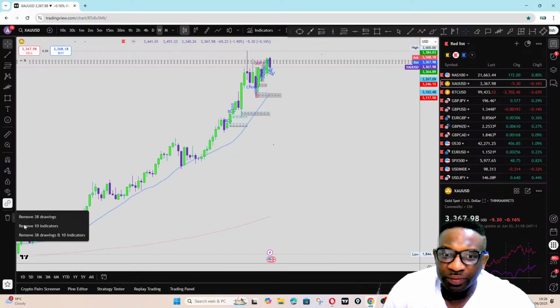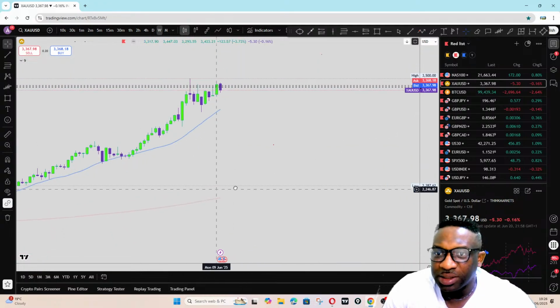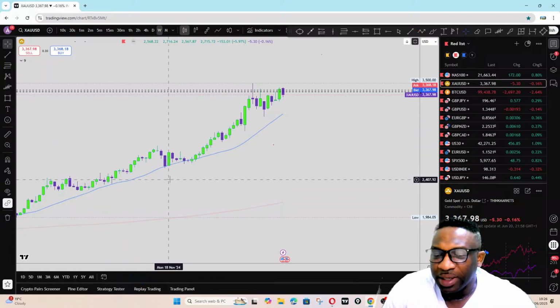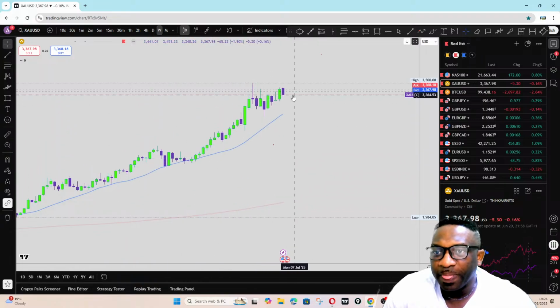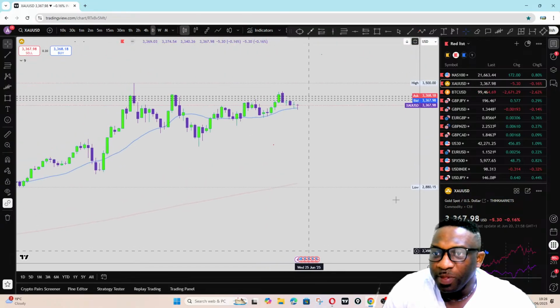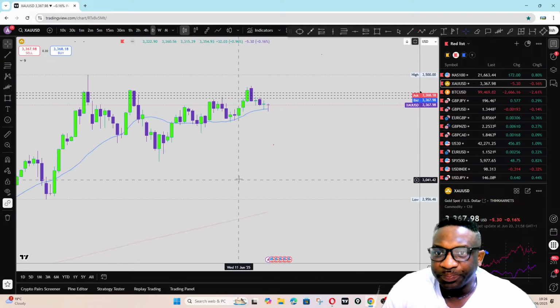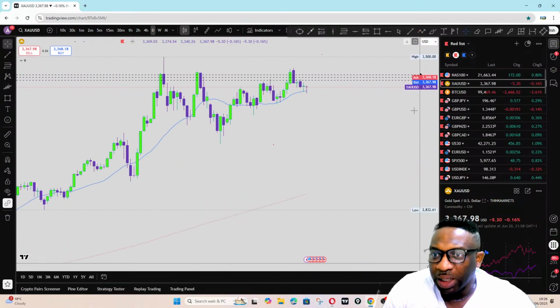Let's remove the drawings. Okay, so on the gold, as we can see on the weekly, it's been on an upward trend, but currently for the last week we had a bearish push down. So let's see on the daily charts. Currently we have price making a retracement back to the 20 moving average.